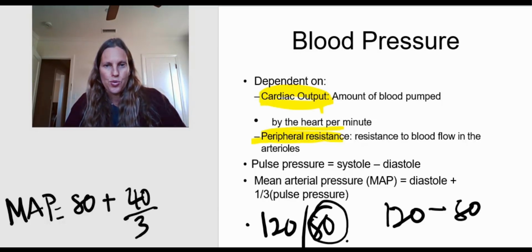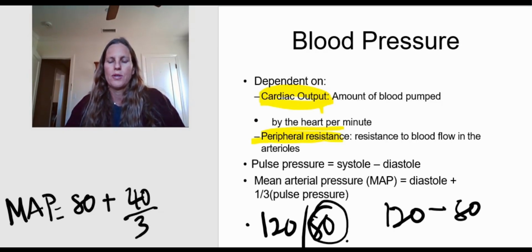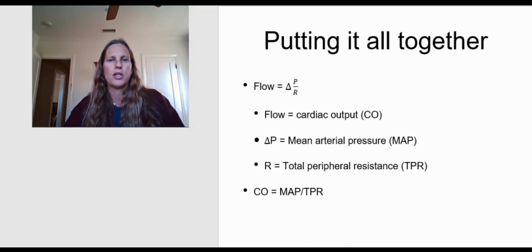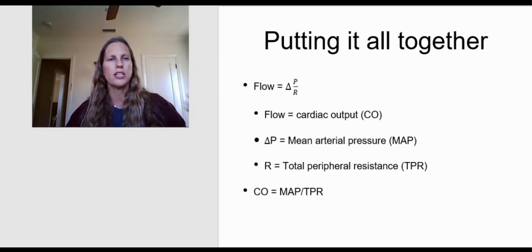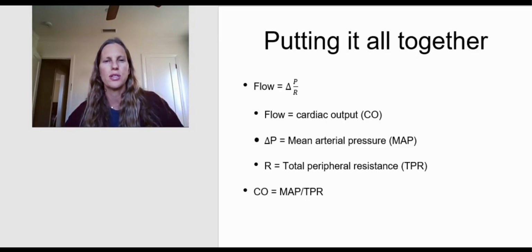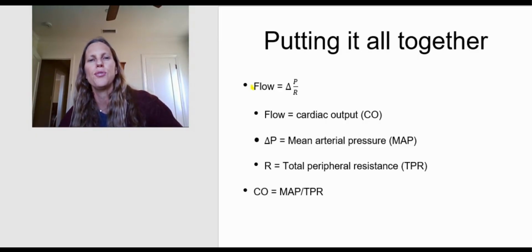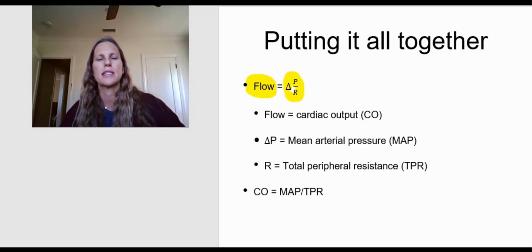All right, so what does that mean to all of us? Let's put it all together. What we're looking at here is how pressure gradients and resistance relate to flow. These are all variables we've talked about; we're just putting it together conceptually. Blood flow equals the change in pressure in the system divided by the resistance.